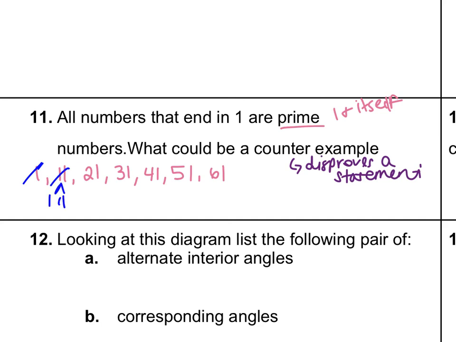Okay, so that's not going to count. What about 21? We have 1 and 21, and then there's also 3 and 7. So let's try 31. 1 and 31, right? 41, again, same, 1 and 41. So in this case, 21 is actually our counterexample because it has factors other than 1 and itself.